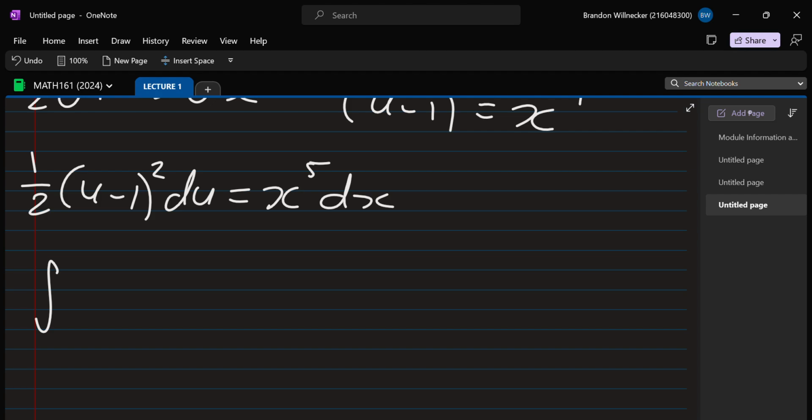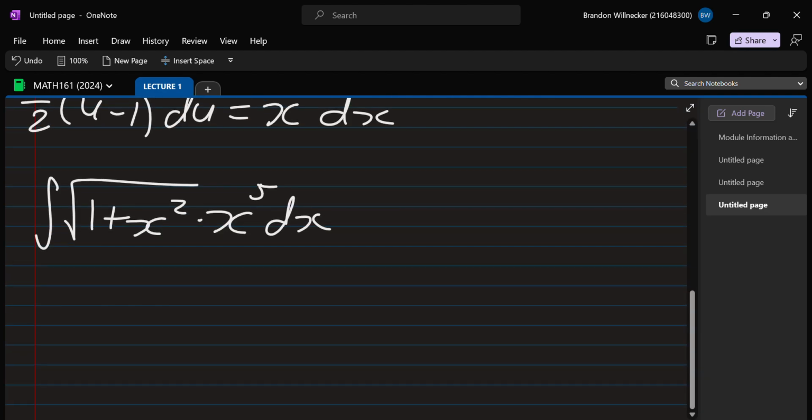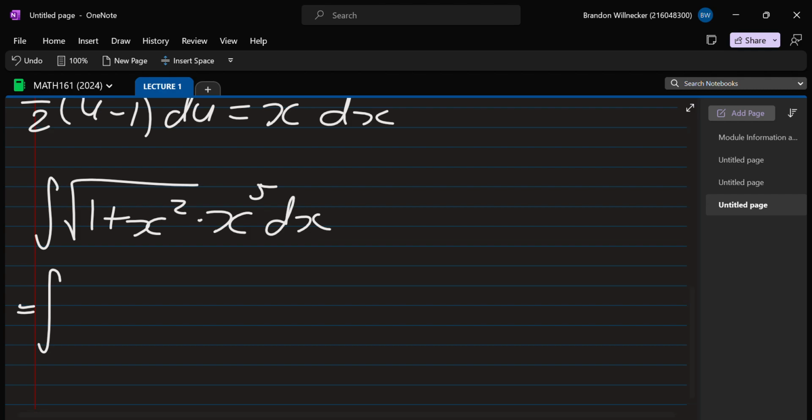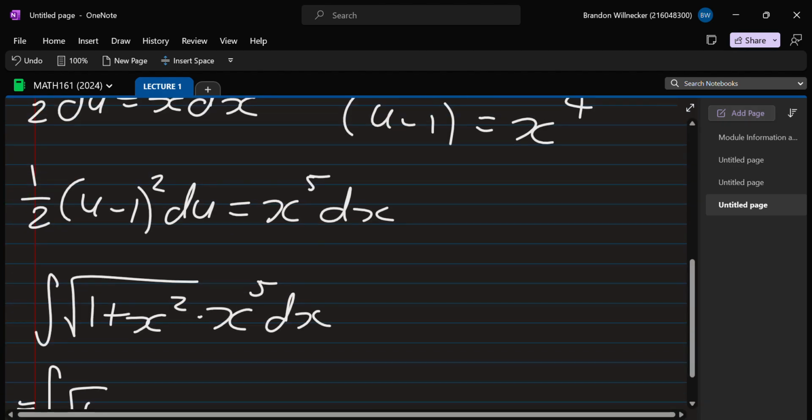Okay, so let's do the replacement. So we've got our root 1 plus x squared, x to the 5 dx. Remember we said u was 1 plus x squared. So we can just put u inside there. Okay, x to the 5 dx, we had that one line above.